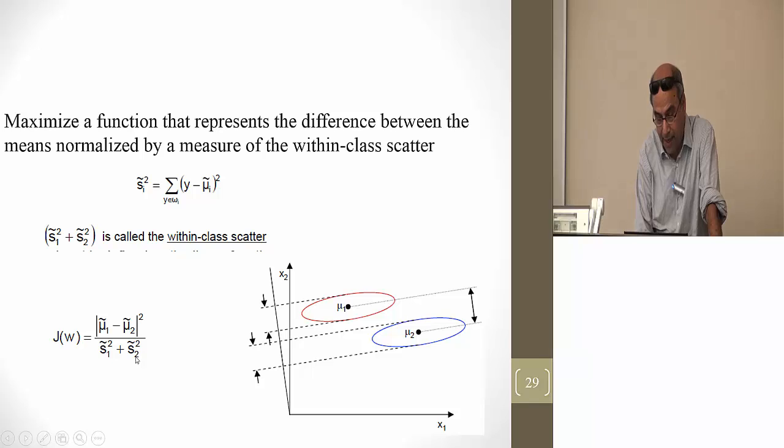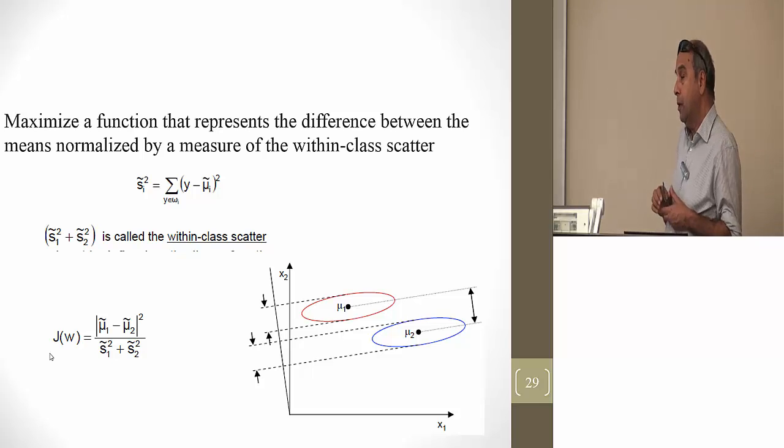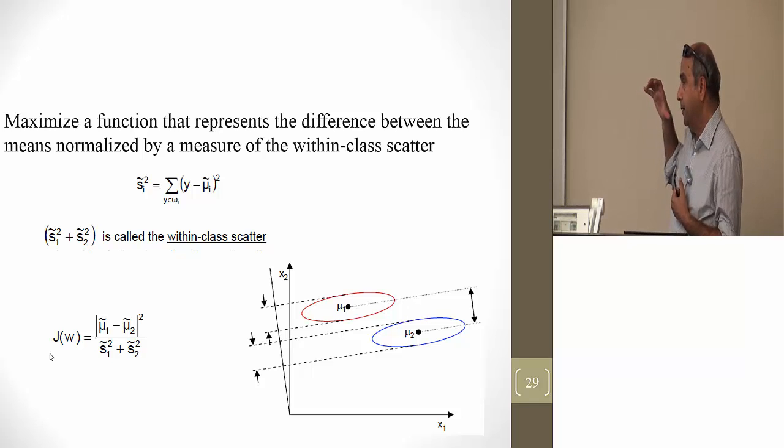Maximize this and minimize that, so that it is normalized by the within class scatter. That is what we want to do. So we want to find W so that we can project these vectors so that this criterion is maximized: the numerator is maximized, the denominator is minimized.